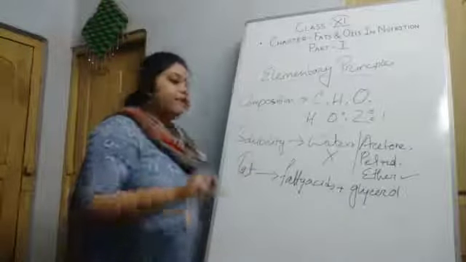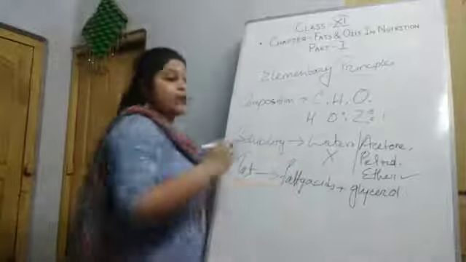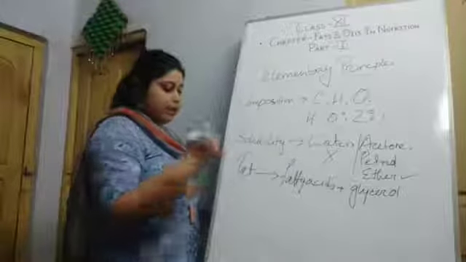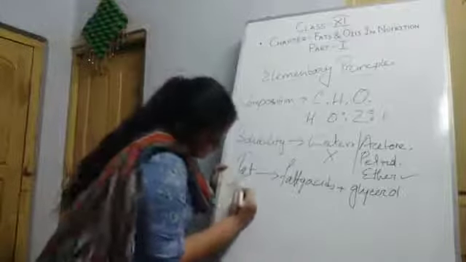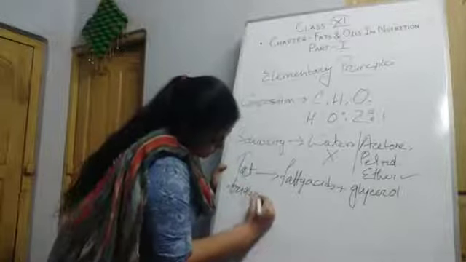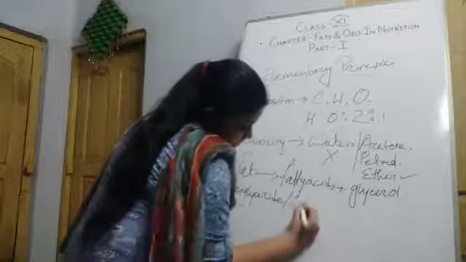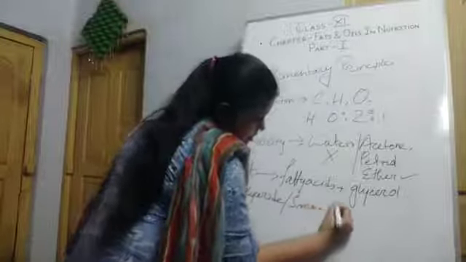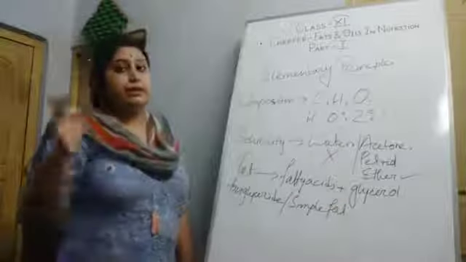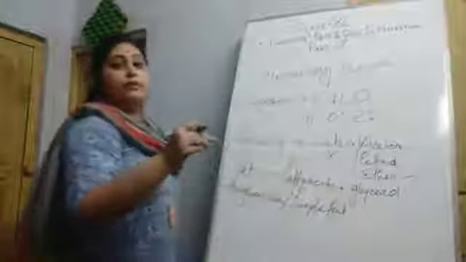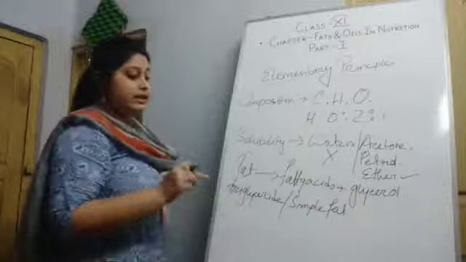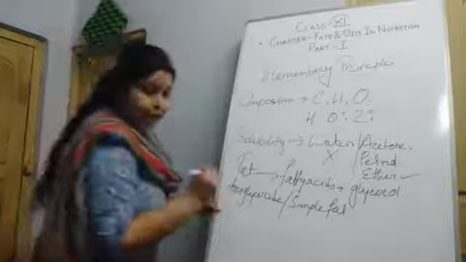If we find fatty acid and glycerol from the fat, then it is called a triglyceride, or simple fat. But if any other alcohol, without the glycerol, is produced from the fat, then it will be a wax.